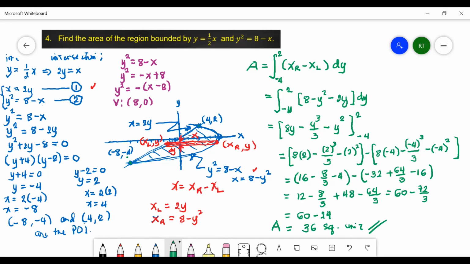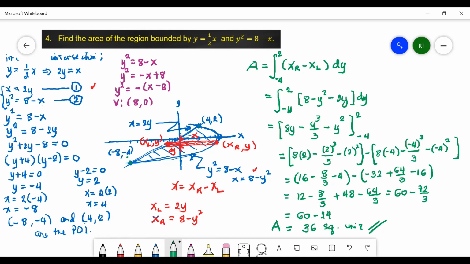Now please take note that when the region is bounded by 2 curves above and below, it will be more convenient to use the vertical element, just like in example number 3. And if the region is bounded on the left and on the right by the 2 curves, then it will be more convenient if we use the horizontal element.